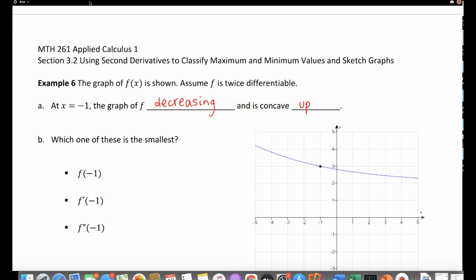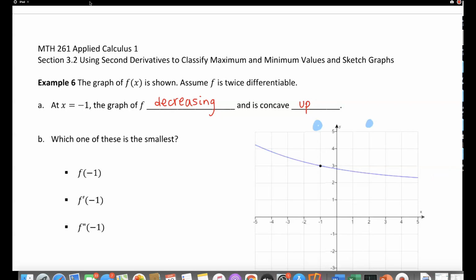Or you can use the smiley face or frowny face method. If I try to see this as a picture, it looks like a smiley face to me. But because it's so wide, I think it was better to just sketch a tangent line.